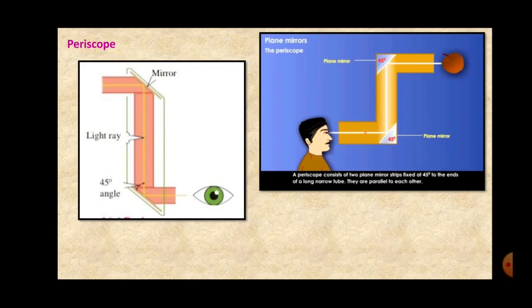Now we have to take a cardboard box, and we have to make slits at the bottom and at the top of the box, and we have to place two mirrors in such a way that they face each other here. Okay, these are the two mirrors which are facing each other, and they are at 45 degrees of angle, right? Both are parallel to each other and they are at 45 degrees from the sides of the box, and then we have to stick them.